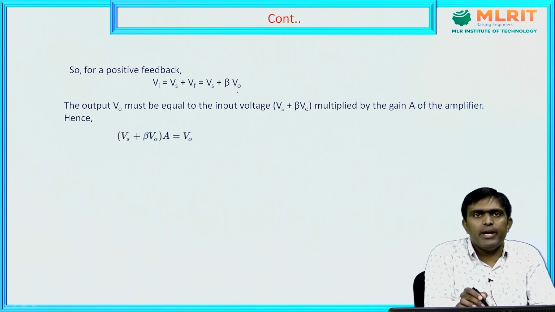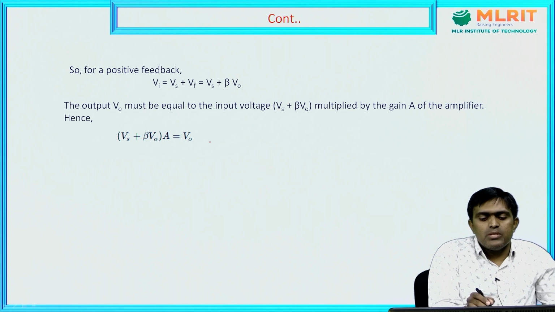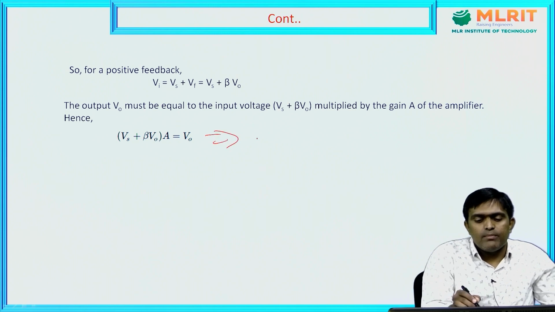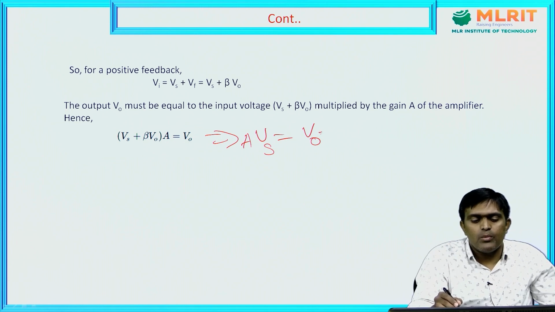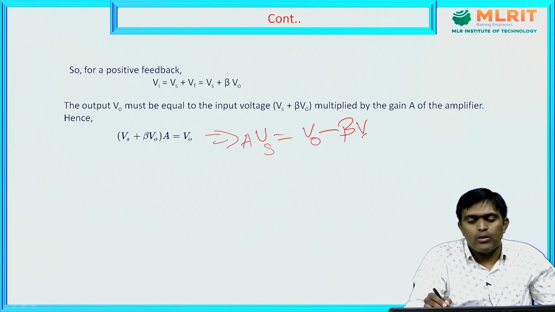Vs plus beta times V0. So let us simplify this. From this, V0 equals A times (Vs plus beta V0), so AVs equals V0 minus beta times V0 into A.